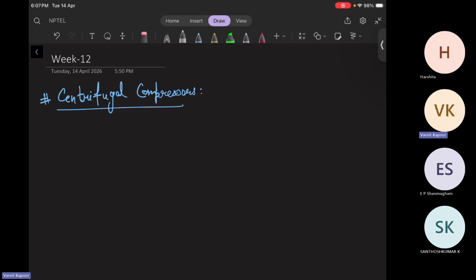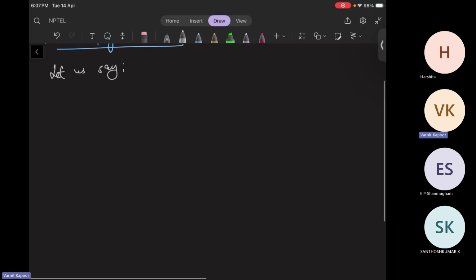There are some dimensions which we will notate. Let us say D1 and D2.